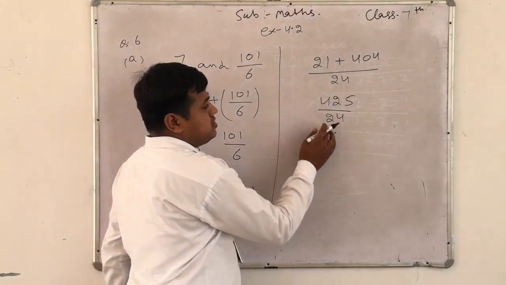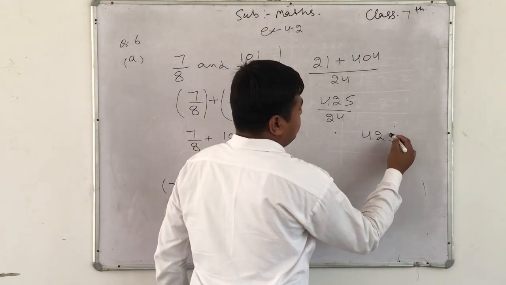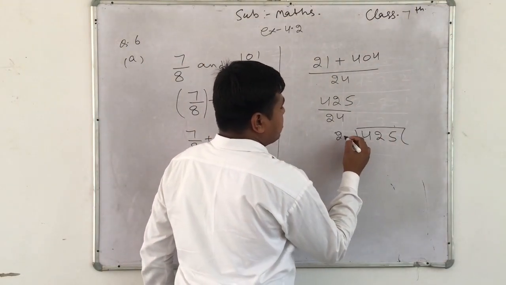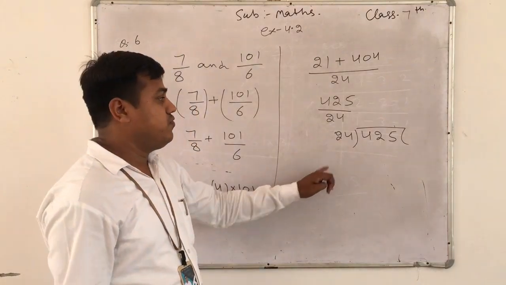So divide this fraction, 425 divided by 24.